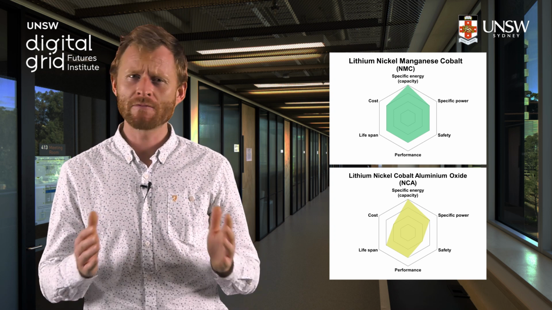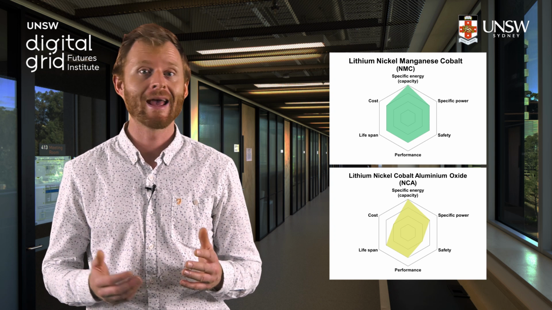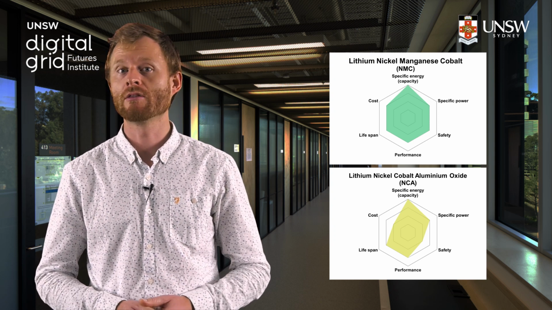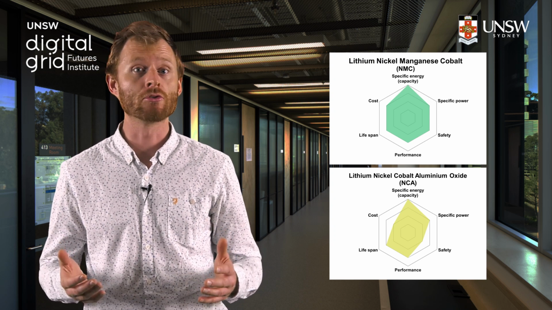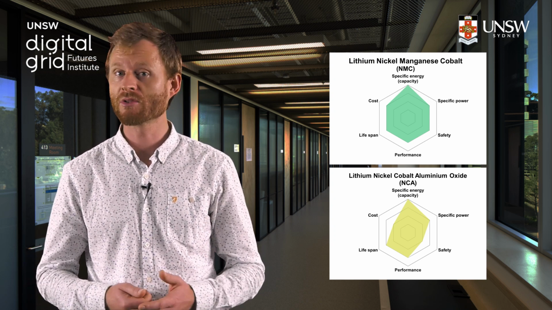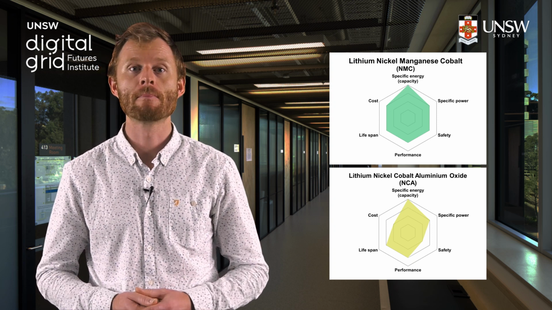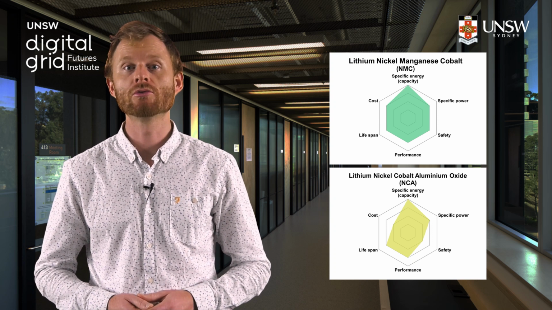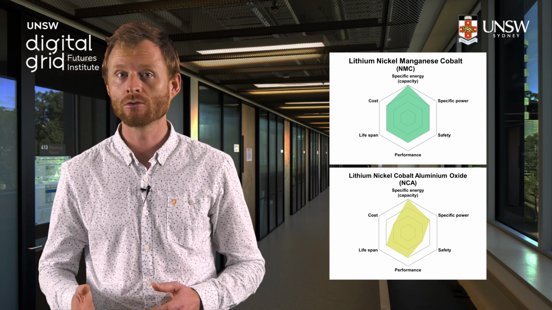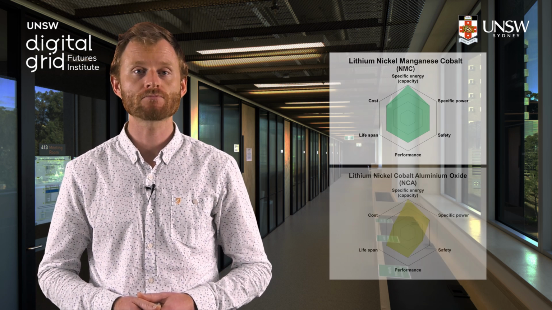There are slight differences in cost and safety between the NMC and NCA, as shown in the diagram. These differences are largely due to the amount of cobalt in the NMC and in the NCA, which has changed over time. Both NMC and NCA cells are often used in electric vehicles, power tools, and e-mobility drivetrains.